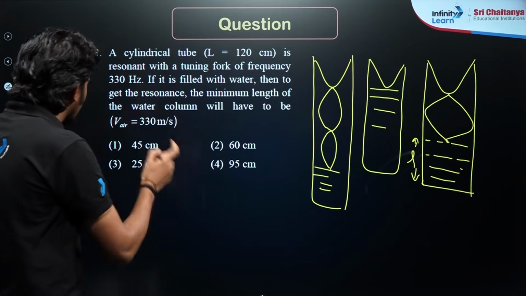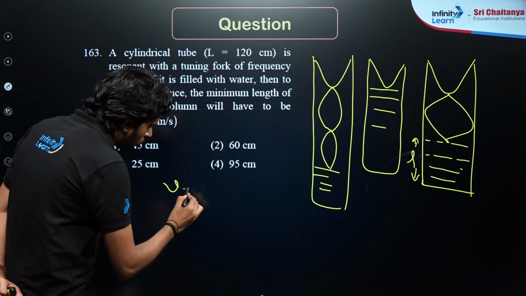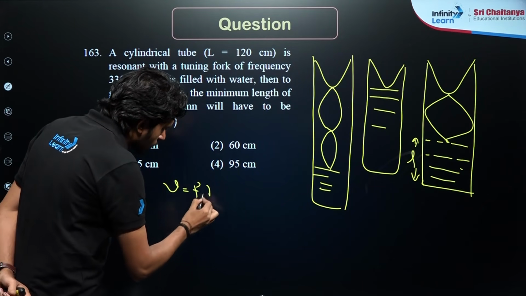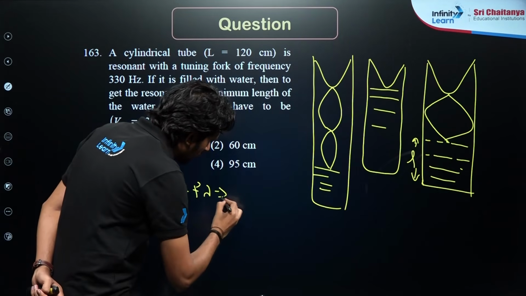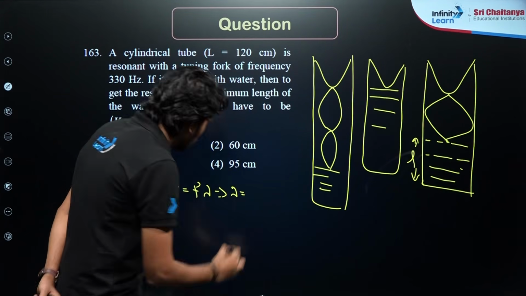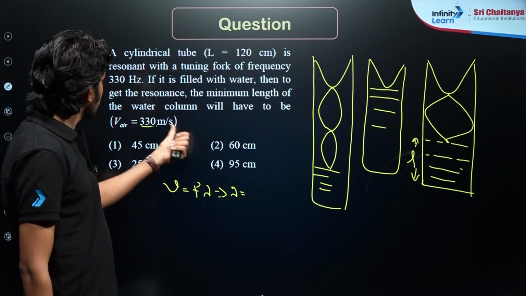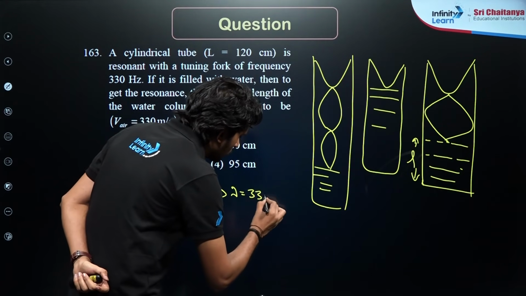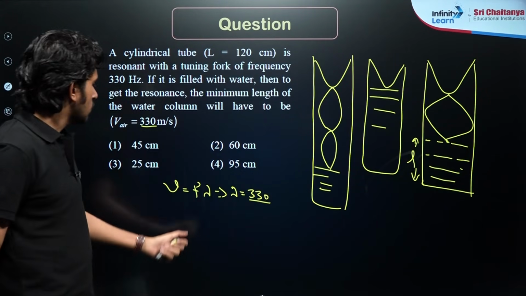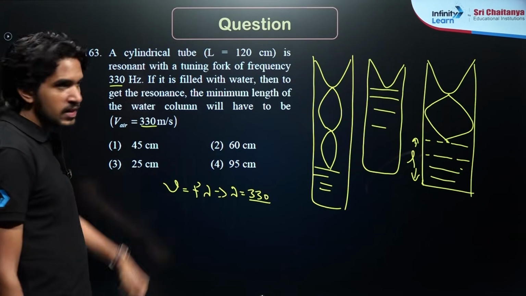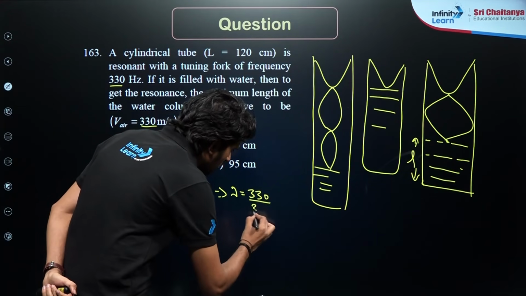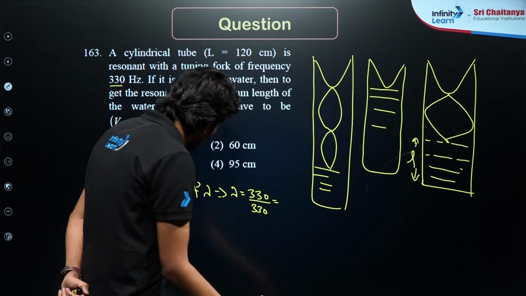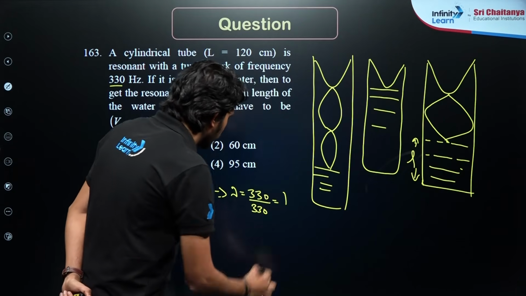First of all, we know that velocity of the wave is f lambda. So lambda will be the velocity of the wave, that is 330 meter per second, upon the frequency, 330 Hertz. That gives 1.